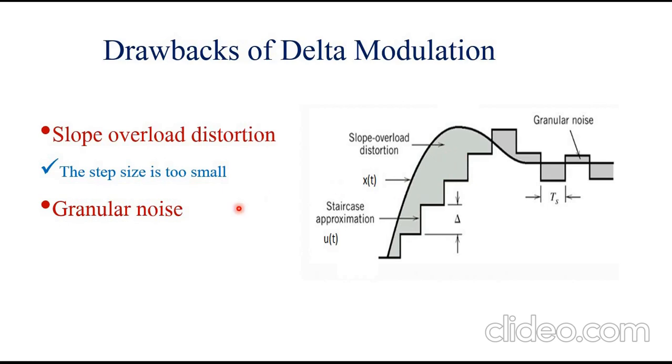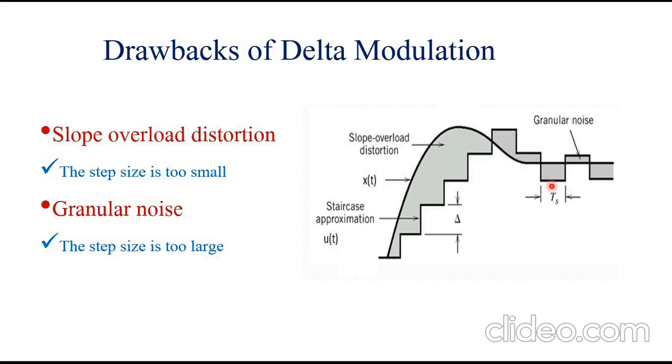Now let's see the second drawback, which is granular or idle noise. Granular noise occurs when the step size is too large compared to the small variation in the input signal. This means that for a very small variation in the input signal, the staircase signal is changed by a large amount delta because of the large step size.